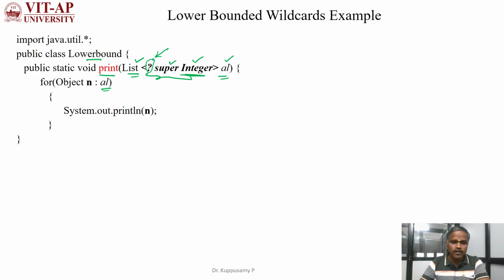This argument has some elements that are passed to an object variable. n is an object of the parent class, which then prints the values one by one.